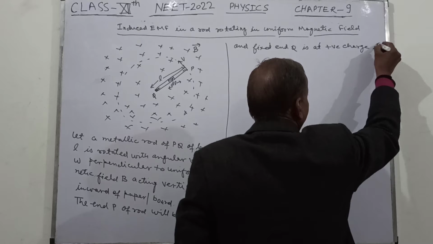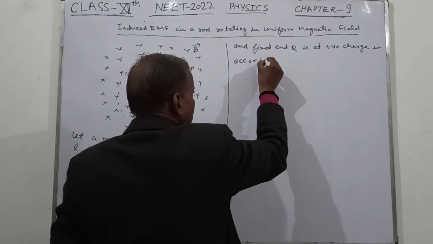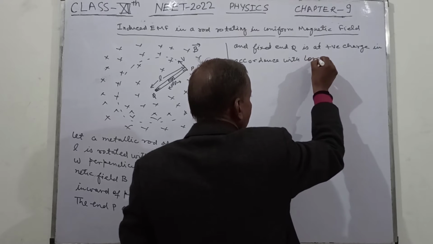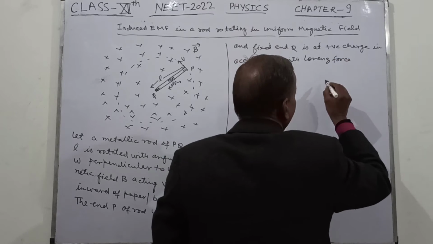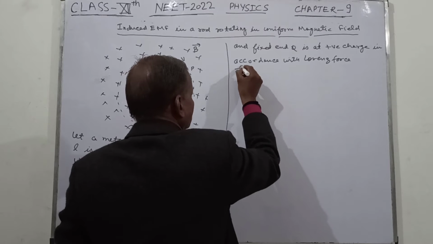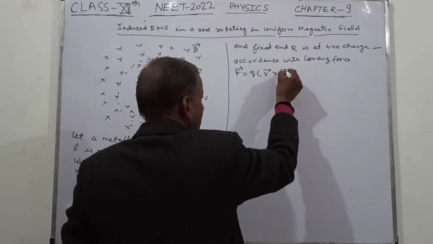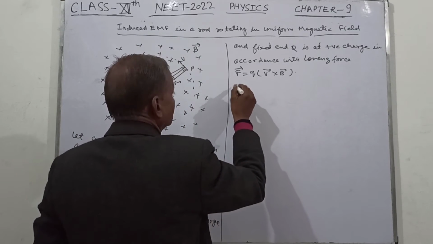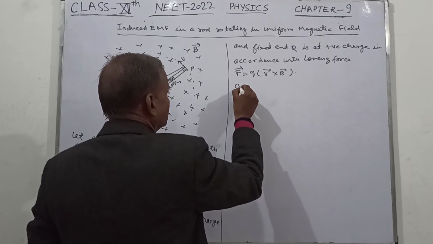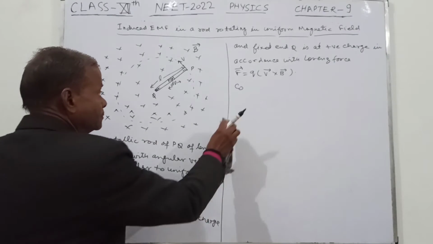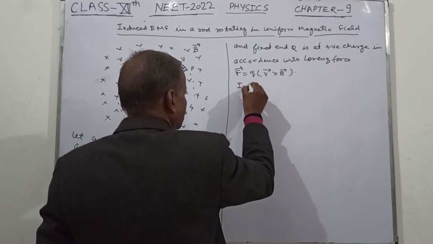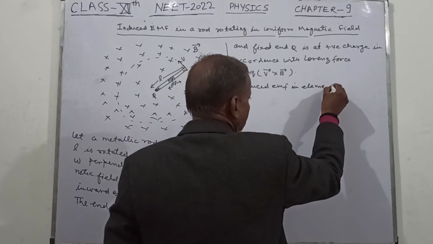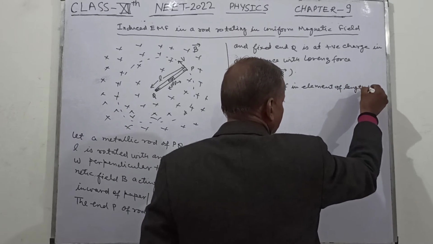This we can clarify in accordance with the Lorentz force, F equal to q into v cross B. So now we have the induced EMF in an element of length dl.